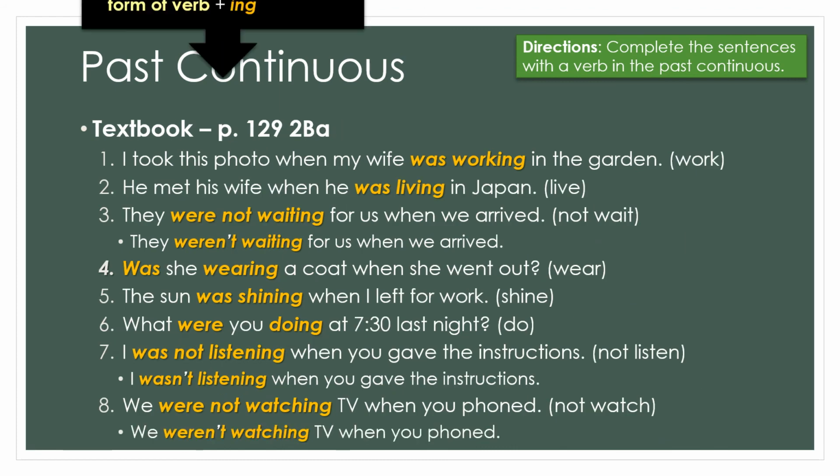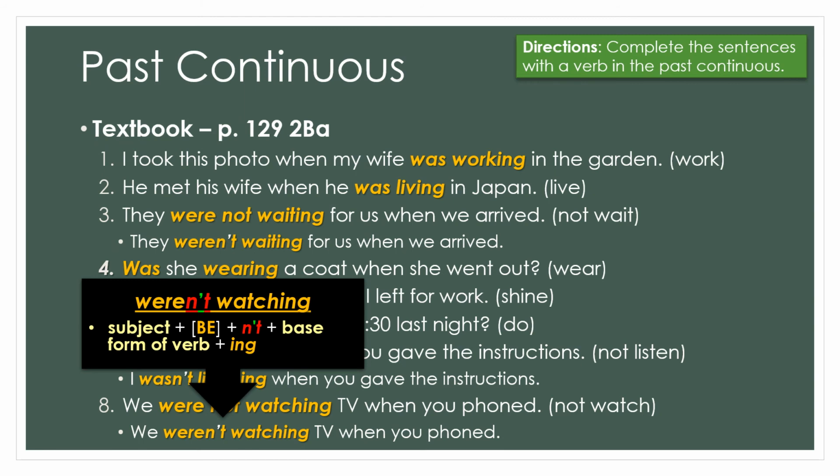If you want to make it a contraction, you would add the contracted form of the word not, n't, to the end of the verb were. We weren't watching TV when you phoned.